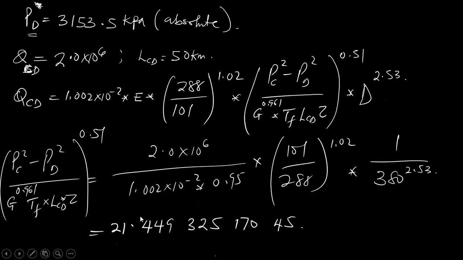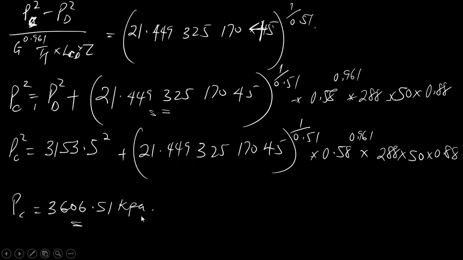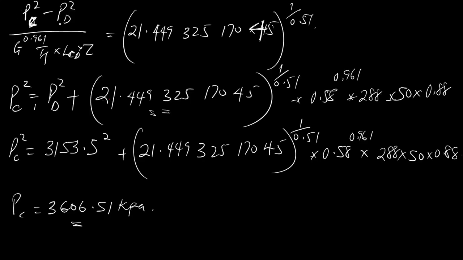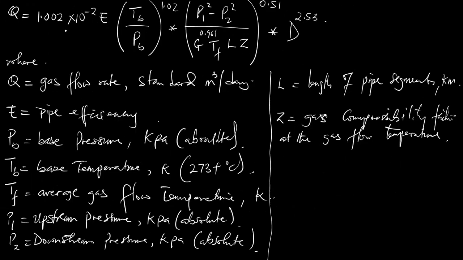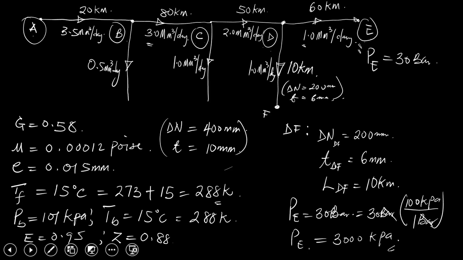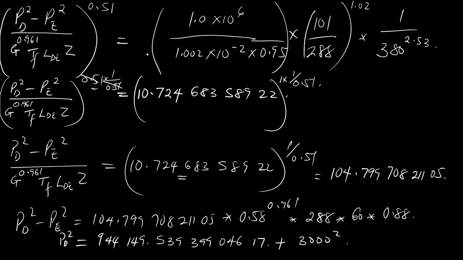Since we have our pressure at C, and the flow rate at BC is 3.0 times 10 raised to power 6, we're going to use that expression now.